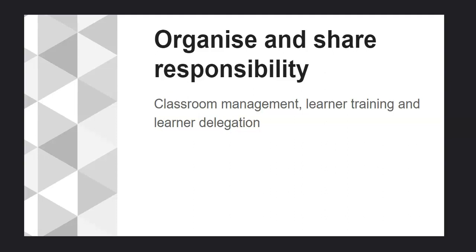And creating this collaborative classroom with shared responsibility and accountability has two main positive outcomes. Firstly, less work for you. And secondly, for your learners, more engagement and investment in their own learning project.